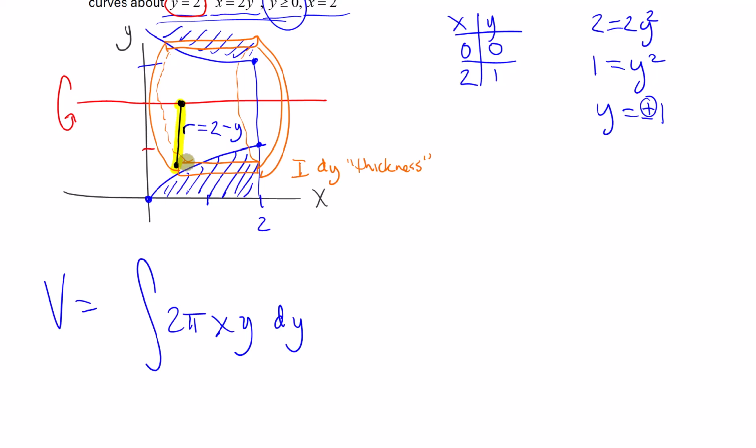So r equals 2 minus y, that's going to be our radius, and that's a vertical value, so we'll keep that in mind. But then also take note that the height of these cylinders, which we also need, the height of a cylinder is going to be an x distance, but it's going to be the further point 2 take away the curve distance that it takes to get there.